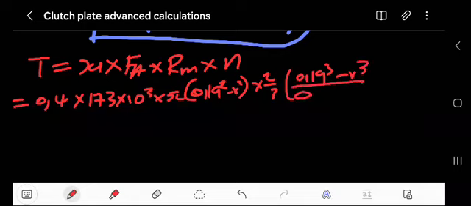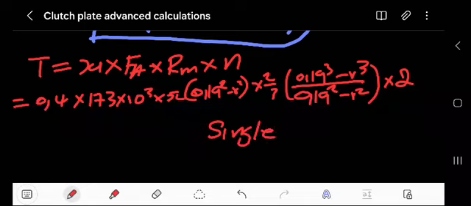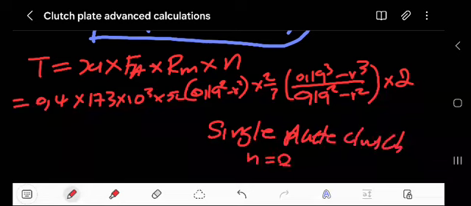This will be 0.19 squared minus r squared multiplied by the number of contacts, which is 2. Remember, I said when you're given a single plate clutch, your number of contacts will be 2. You must know this will be 2.